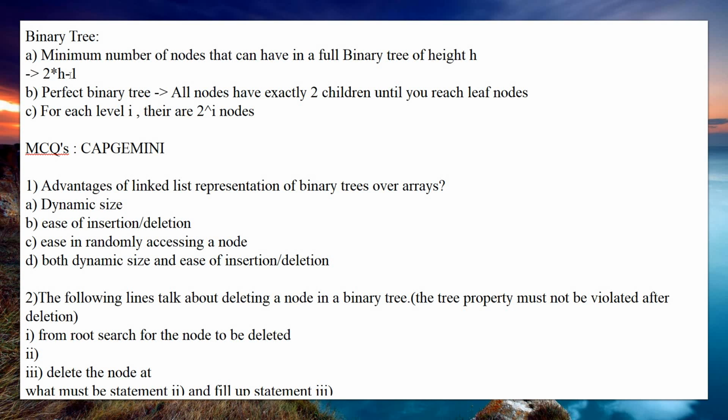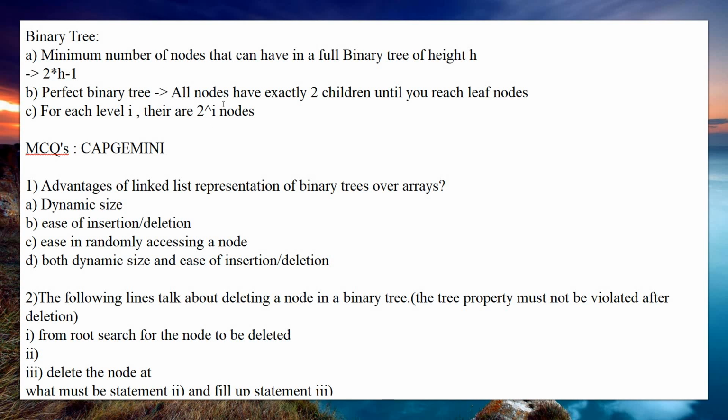And next thing is for each level i. They are going to say like the binary tree has 3 levels, find the number of nodes. If a binary tree has each level considered as i, then there are 2 raised to i nodes. So if they tell you to calculate the number of nodes for each level, then the formula will be 2 raised to i nodes.